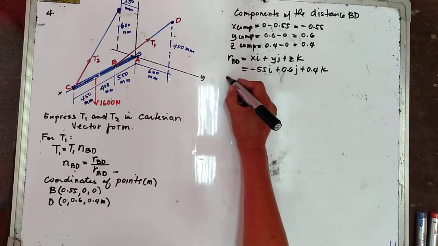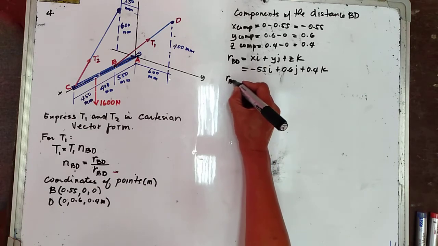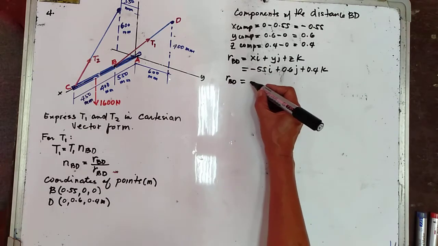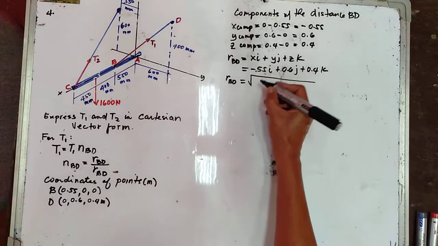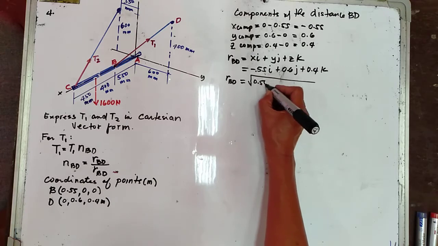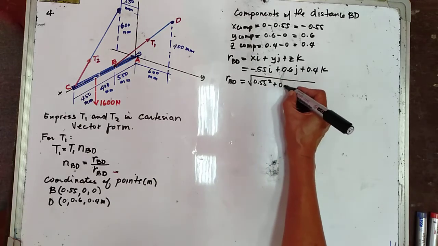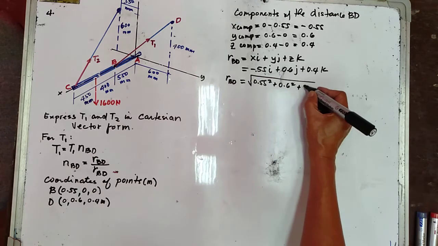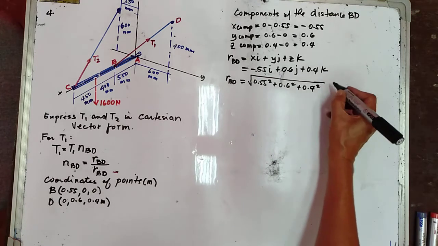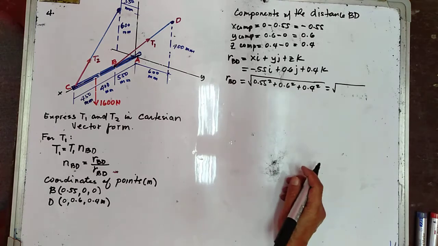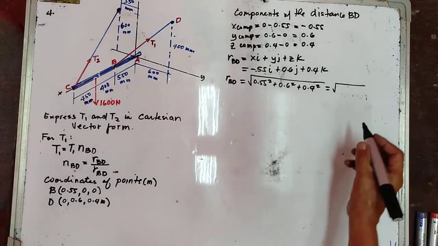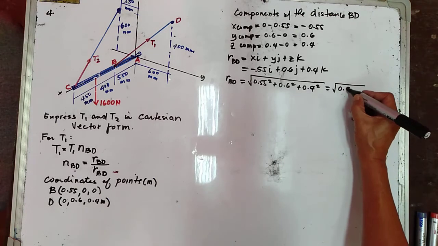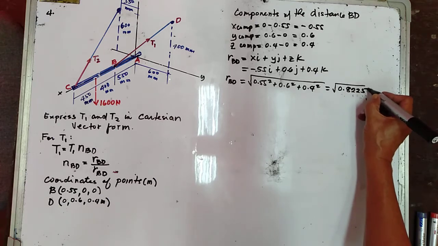So the magnitude of this vector distance is now equal to the square root of 0.55 squared plus 0.6 squared plus 0.4 squared, and this is equal to the square root of 0.8225.